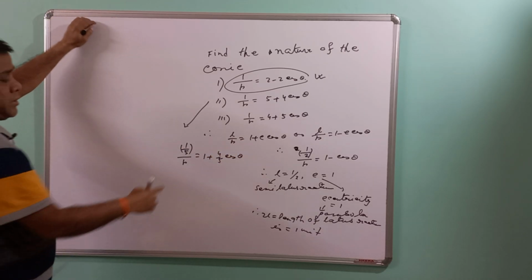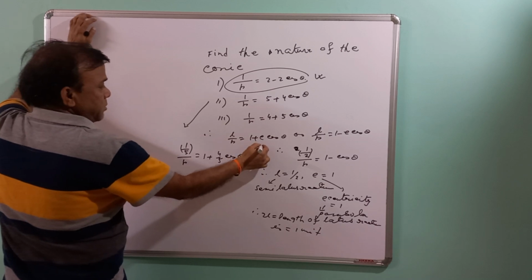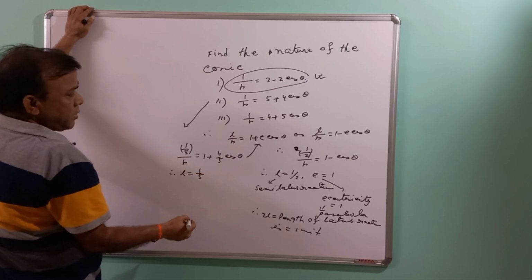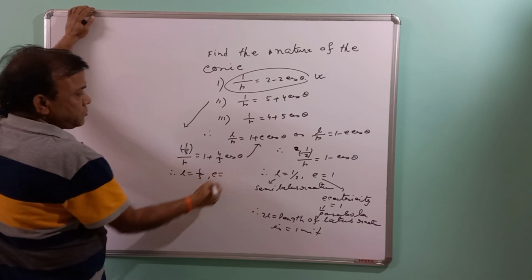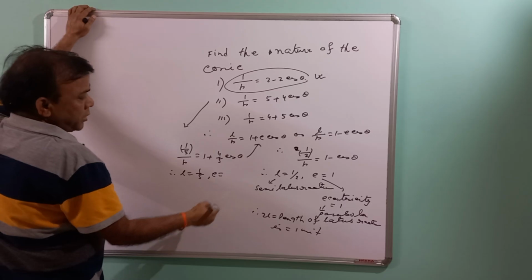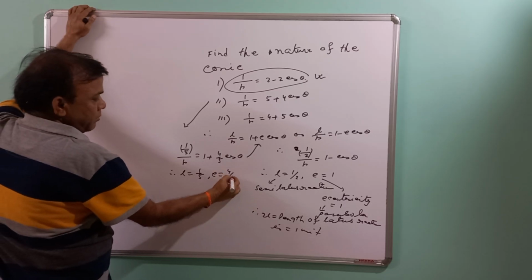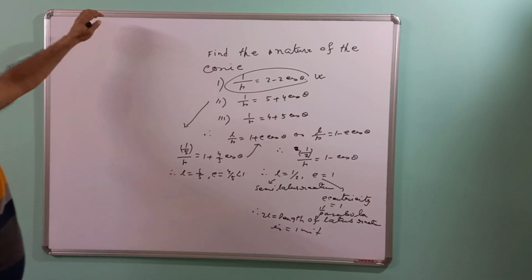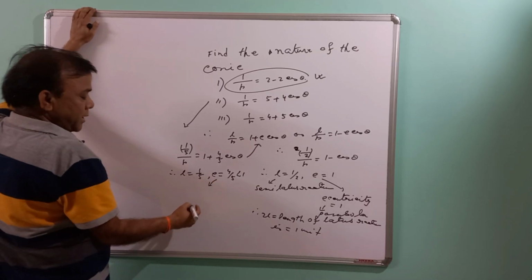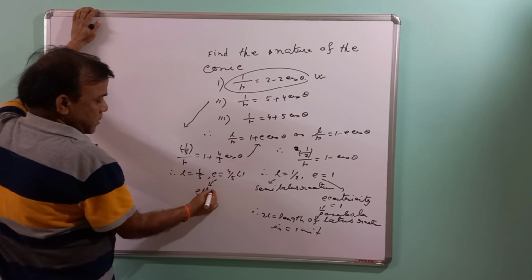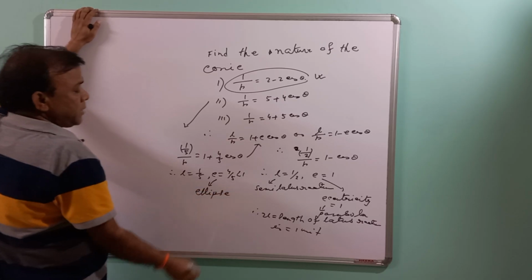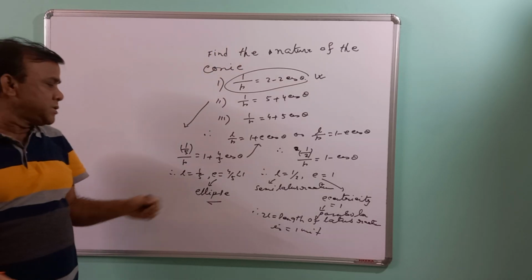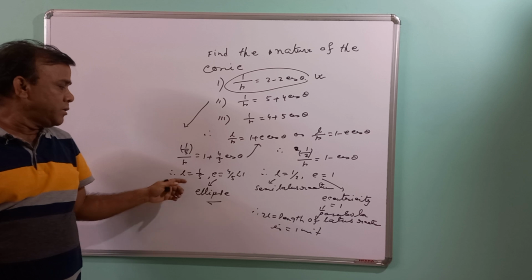Okay, comparing this one with the plus form, therefore L equals 1 by 5 and e equals 4 by 5, which is less than 1. As eccentricity is less than 1, therefore it will represent an ellipse. Therefore, nature of the conic is ellipse. Similarly, length of latus rectum can be found from this one.